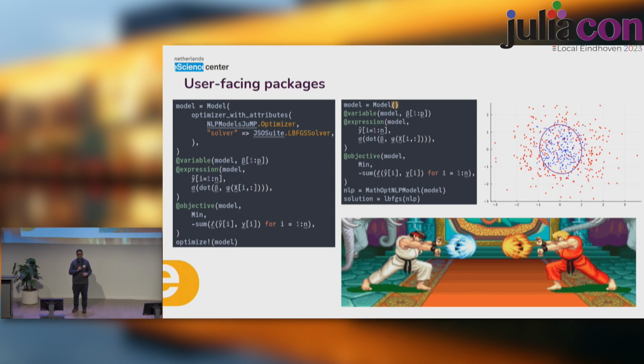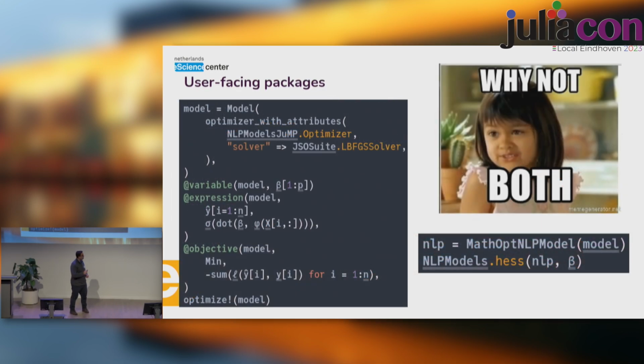The other way to use it is through our way, which is you just create a JuMP problem without a solver, and you convert it using MathOptNLPModel, which is a mouthful, and then you just call LBFGS, and that works. Okay? Oh yeah, and this is a nice plot about the problem that they are solving. I just want to add some more figures. I think he lagged a bit on the figure side. User-facing packages.